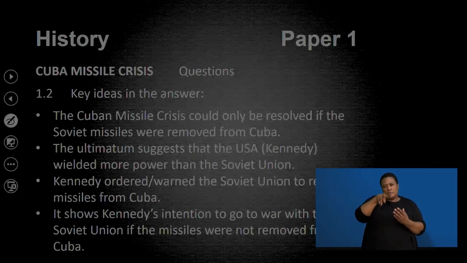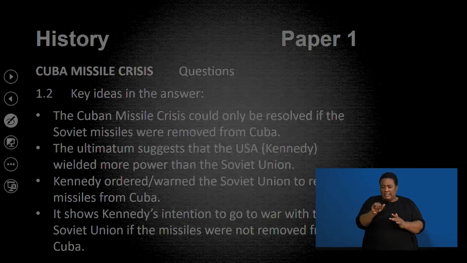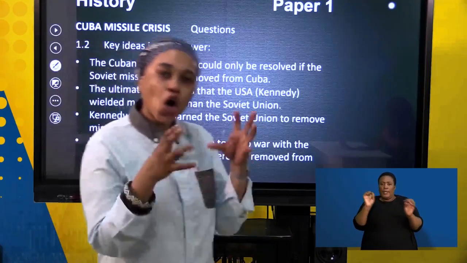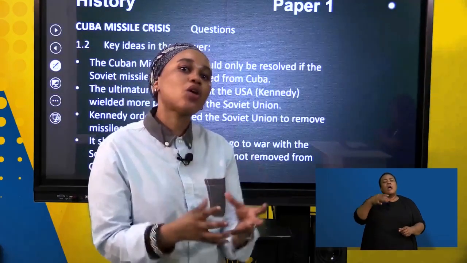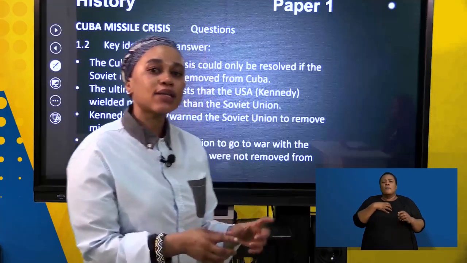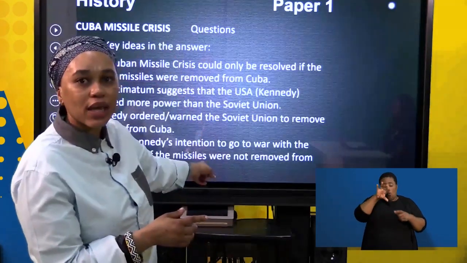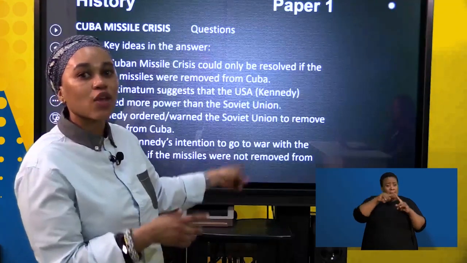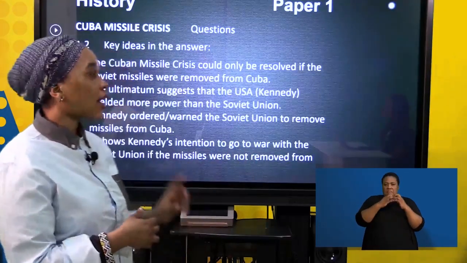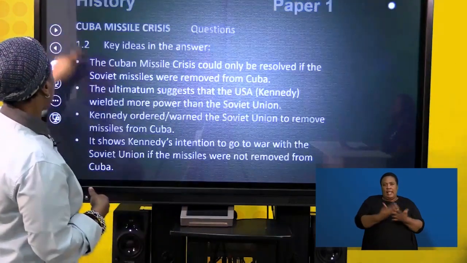It shows Kennedy's intention to go to war with the Soviet Union if the missiles were not removed from Cuba. Again, this is your own understanding, your own conclusion after reading the entire source. What you will find is that these key ideas are not contained in the actual source. Okay, you have to come up with these to show that you are able to analyze the source.